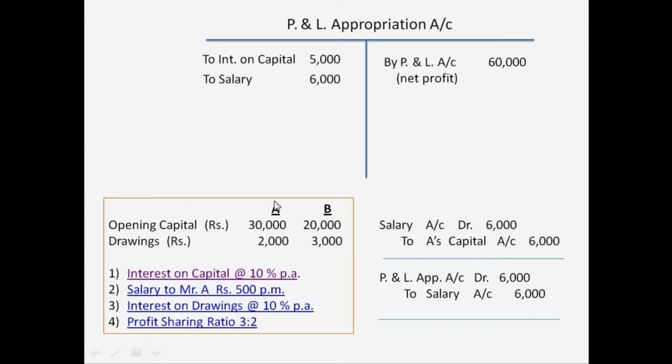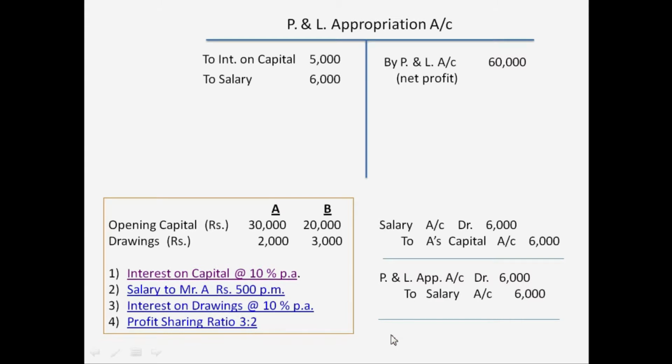So the firm will charge rupees 100 from Mr. A and rupees 150 from Mr. B. So total 250 rupees the firm will charge jointly from A and B towards interest on drawings.